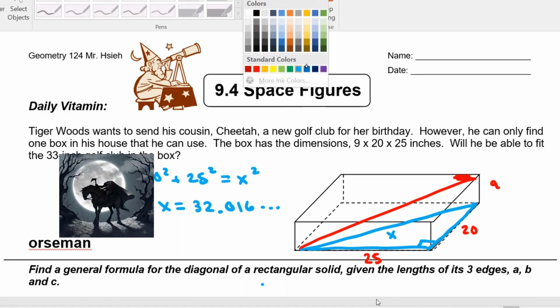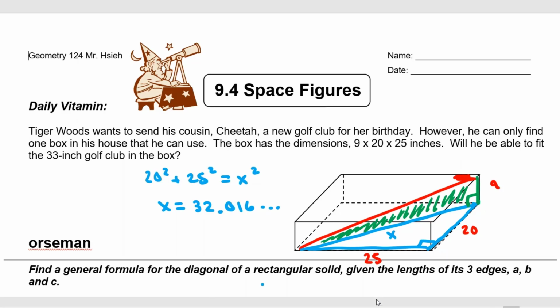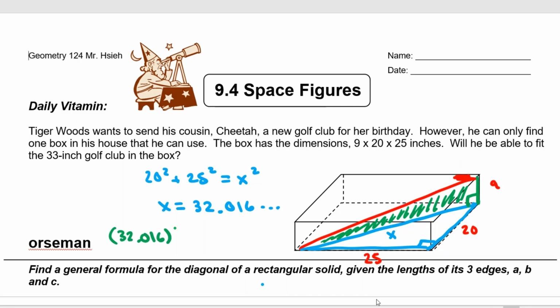And then next, I'm going to attack this triangle right there, the one that's kind of standing up diagonally through the center of the box. And in this particular case, again, I'm going to take 32.016 and square it.